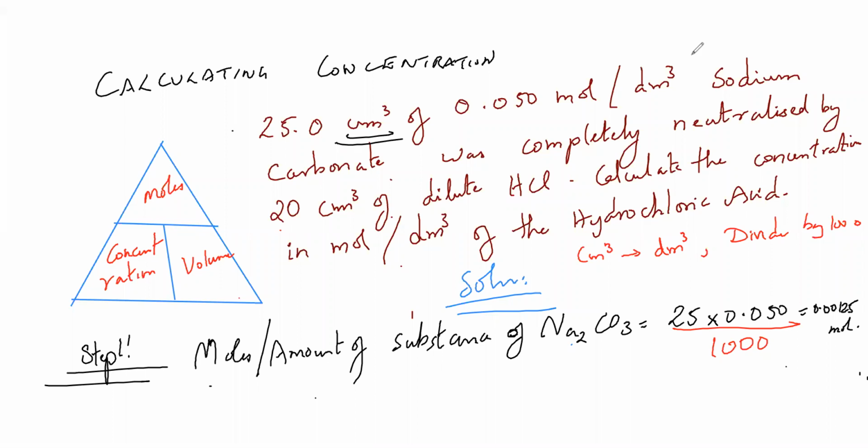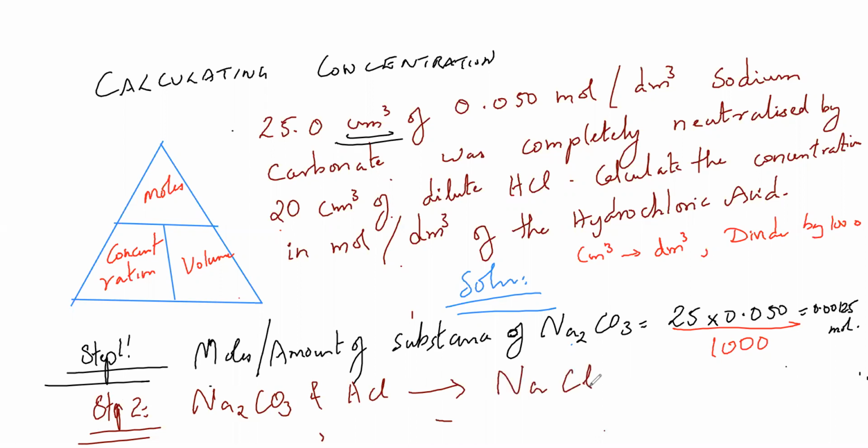So step number 2 here. It's very clear for us that sodium carbonate and HCl react to form sodium chloride, NaCl. But here it is Na2 and here it is HCl. This is not matching. So I have to put 2 here.